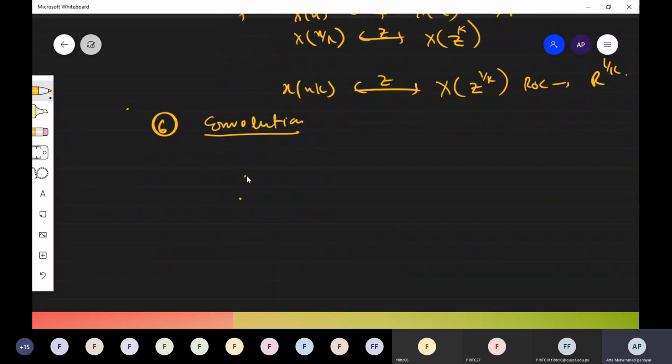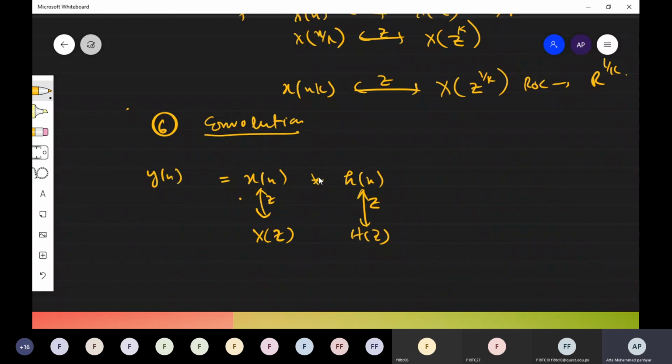For example, if we have a signal x of n, and its z transform is X of z, and we have another signal h of n, and its z transformed signal is H of z, then if these two signals are convolved in time domain, in frequency domain their spectrum is multiplied.